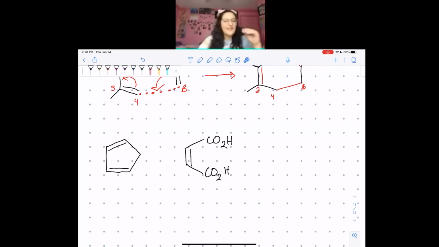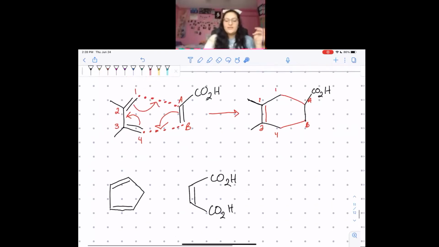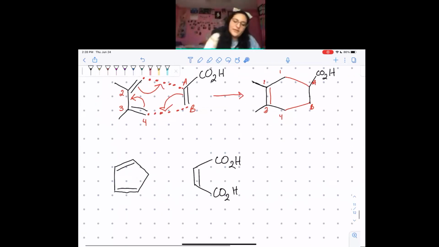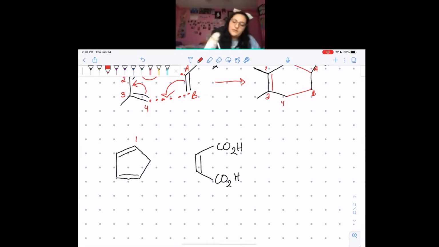So we still have the alligator, we still have a chomp, but you can think of it as like, now there's something in the way, right? And if we look at how this is oriented, we see that the double bonds make up the top and bottom, and then the single bond is in the back, right? So if you're chomping, this is the single bond, this part of your hand, this is the double bond, this is the double bond. So we're going to number 1, 2, 3, 4.